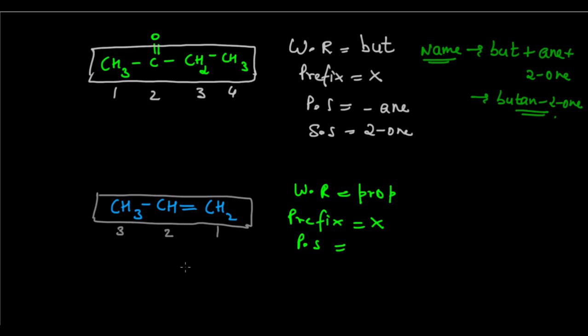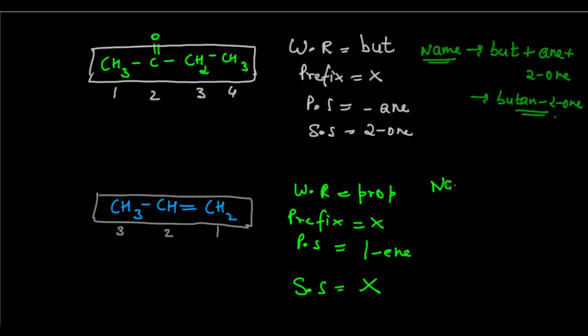So in the multiple bond, the carbons which are involved in the multiple bond, you need to put out of them the lowest number. So out of 2 and 1, the lowest number is 1. That is why we put 1-ene. We don't put 2-ene because we have to put the lowest possible number. So 1-ene. And secondary suffix will be nothing because there's no functional group.